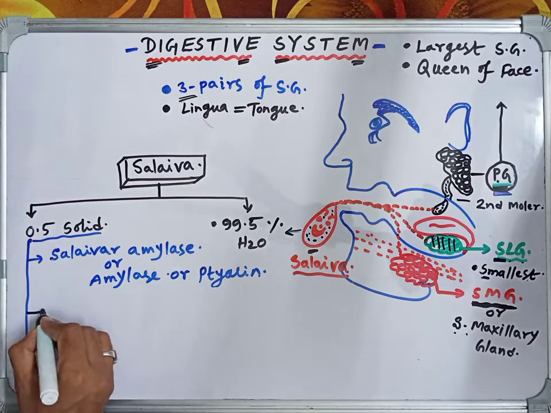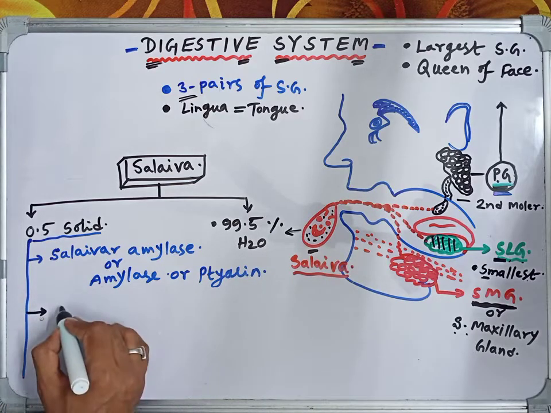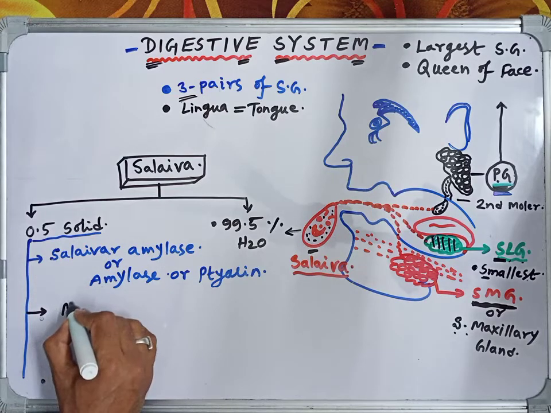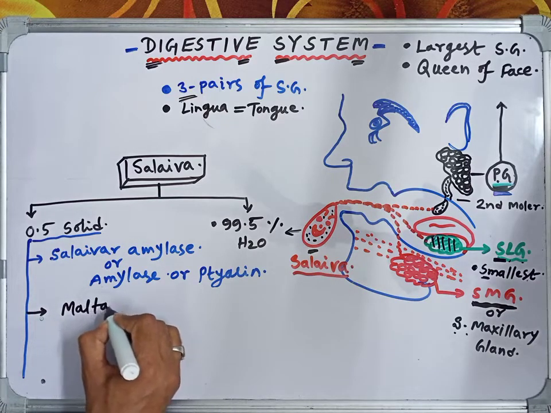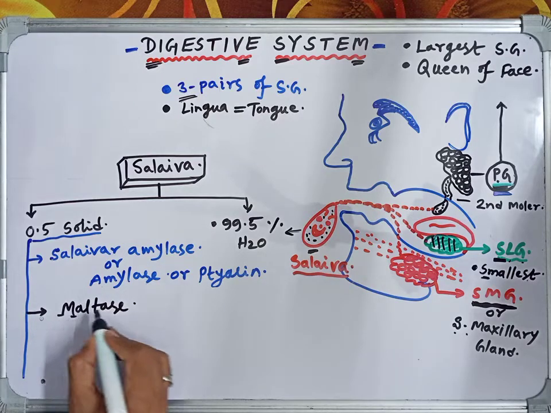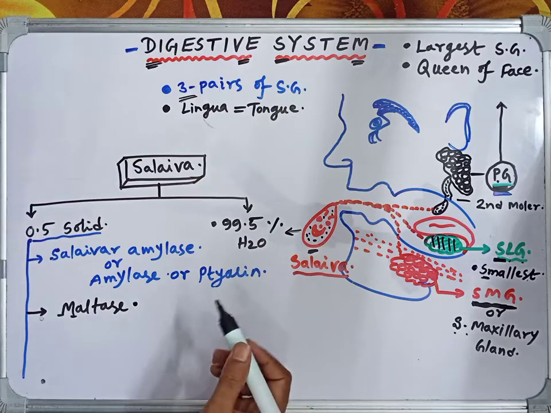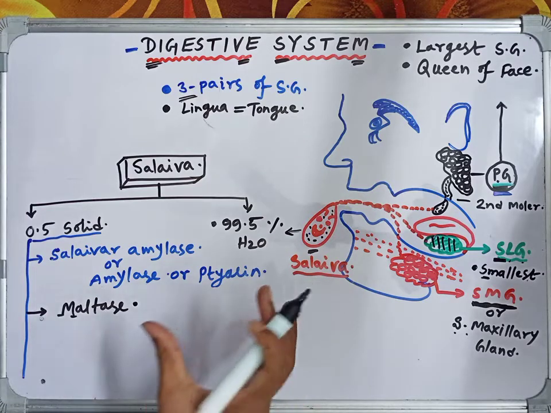Now the next component of this solid is another enzyme called maltase. Maltase is also a carbohydrate digestive enzyme, responsible for digestion of maltose.